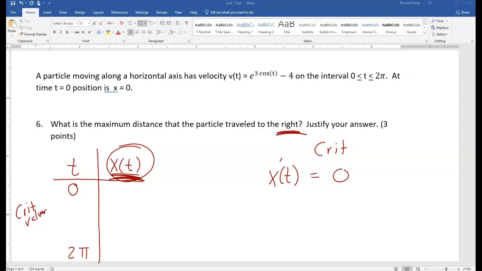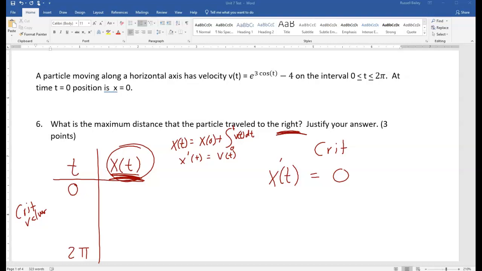Because I need to know where the derivative of x equals 0. Now, the position function is equal to the starting position plus the net change, which is the integral of v. So x prime is v. But that makes sense.